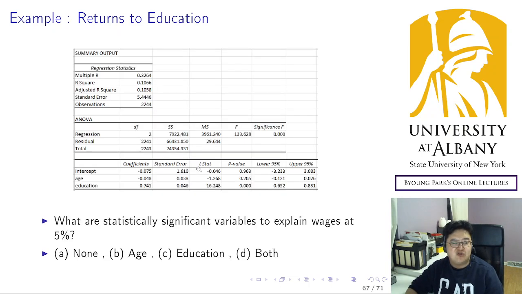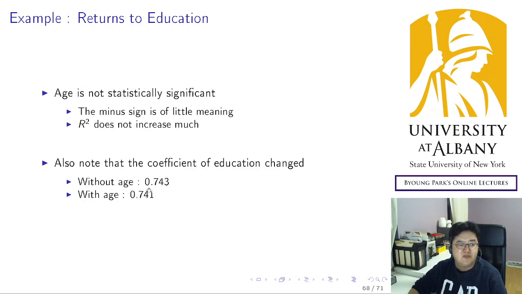And also what you can tell here is, even if age has little effect on the hourly wage, the coefficient of education changes a little bit. Of course, the intercept changes too, but coefficient of the education also changes from 0.743 to 0.741. So when you include additional variables, even if the additional variable is irrelevant, the existing estimators will change a little bit.